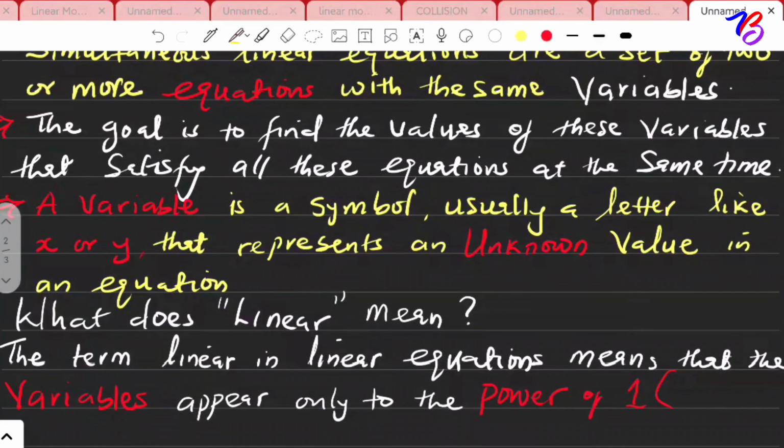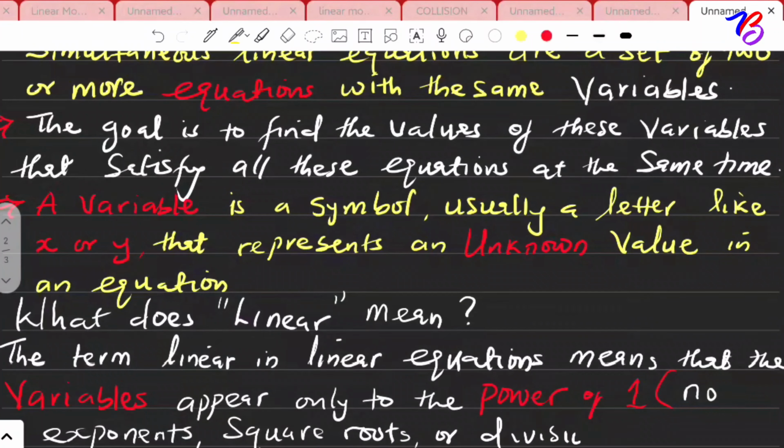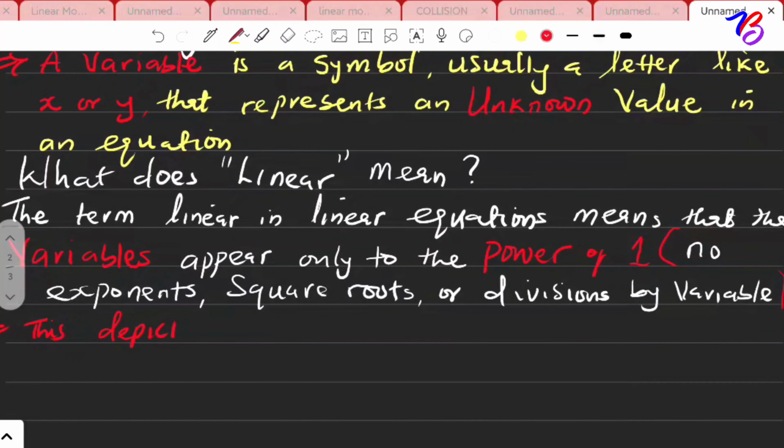So it means raised to the power of 1. What does it mean? No exponents. It has no exponents or square roots or divisions by variables. In other words, this depicts a straight line graph. A straight line graph. So linear equation has to do with a straight line.